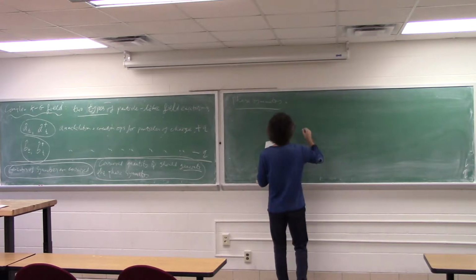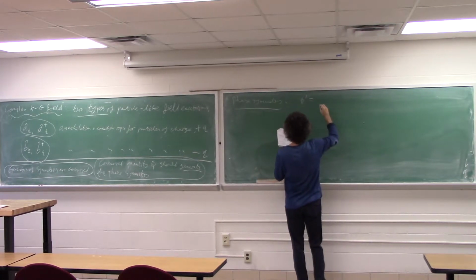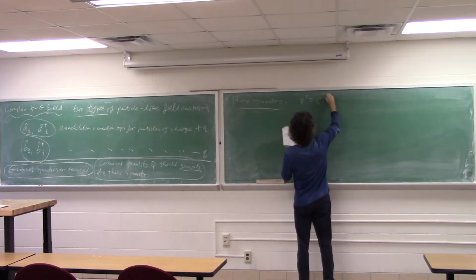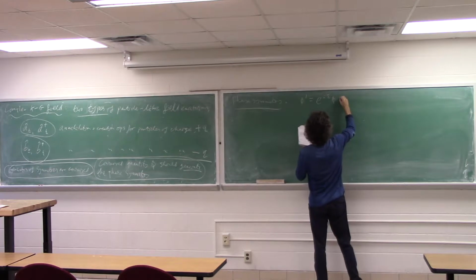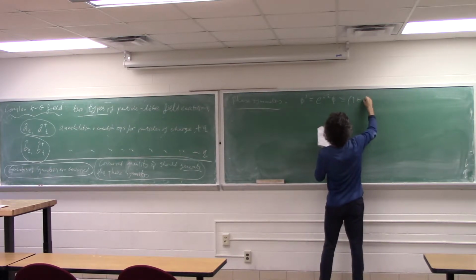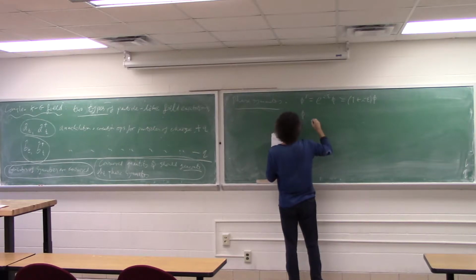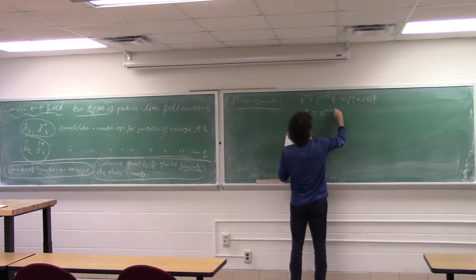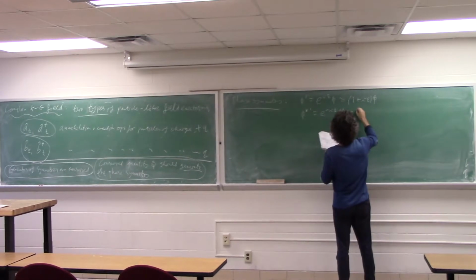Where we said, well, you replace phi by phi prime, which is e to the I epsilon phi, which is approximately 1 plus I epsilon phi, and you replace phi star by this here.